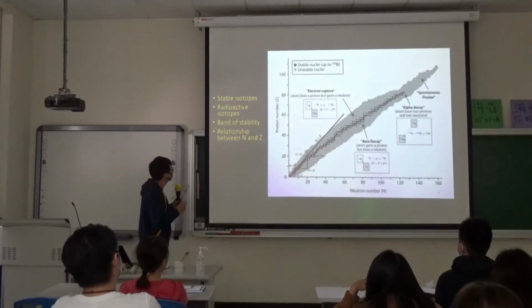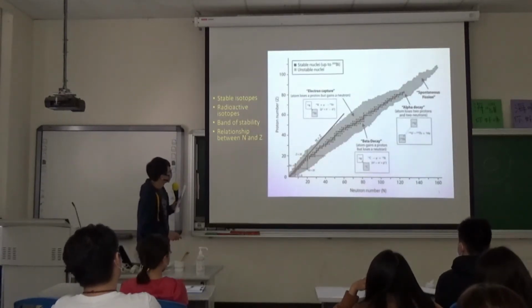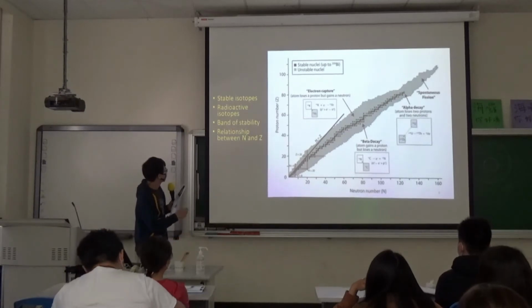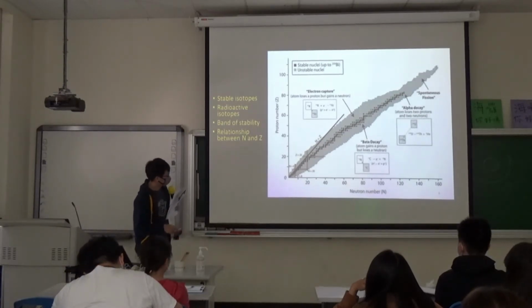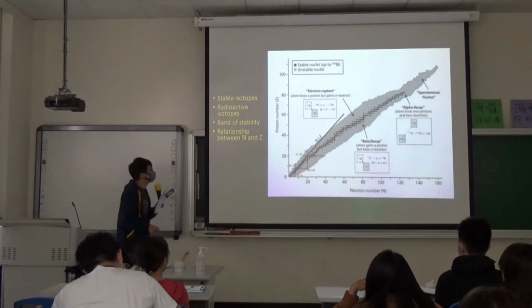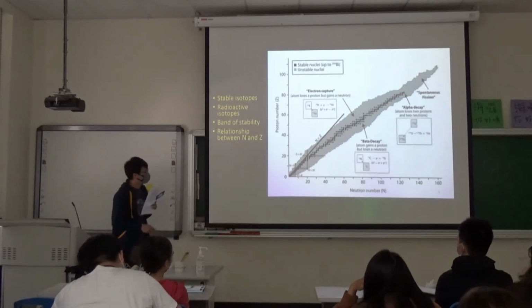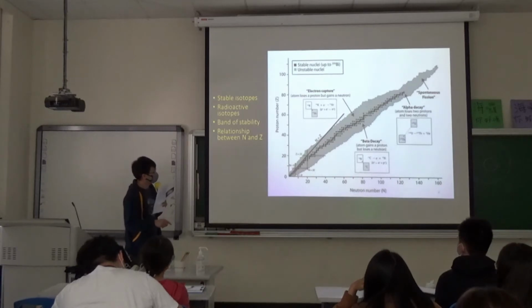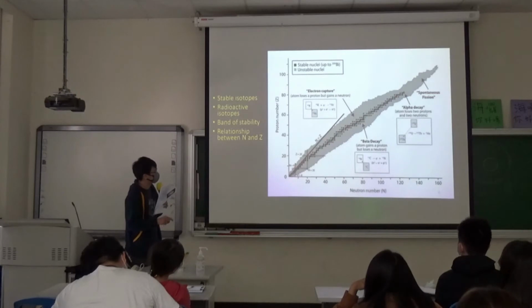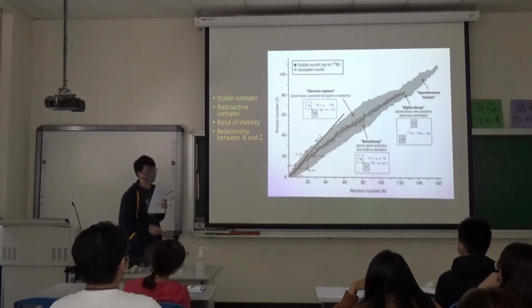I have to explain this using this diagram. What are stable isotopes? In this diagram, the black ones are the stable ones, like the stable elements we usually see.